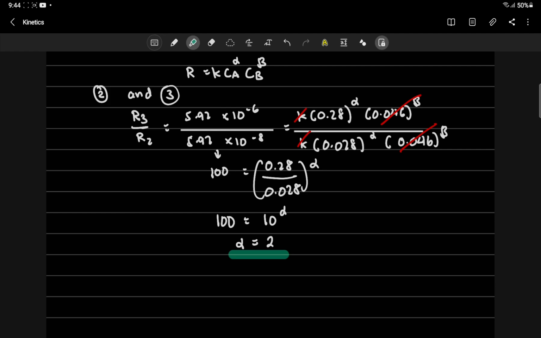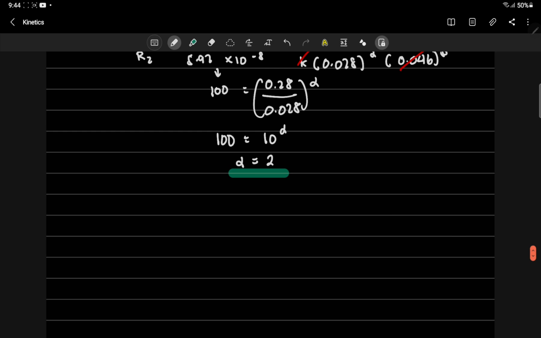Now, beta is what's missing, and that means we want to find the order of reaction in species B. So in that case, we need to find another two sets of data to compare. And I will be using here 1 and 2. Let me first consider dividing R2 and R1. It's up to you if you want R1 over R2 or whatever, or you can select other data sets in the given table.